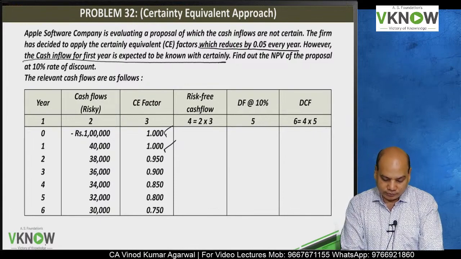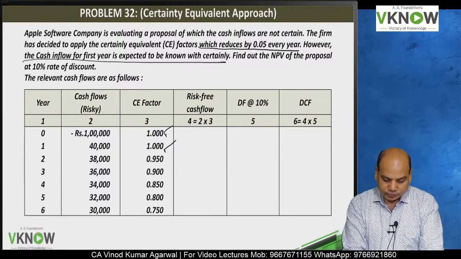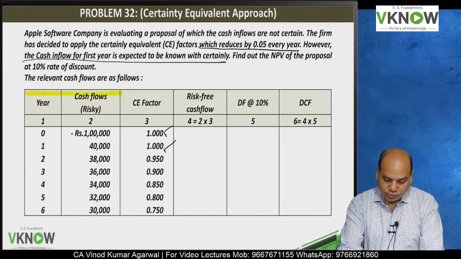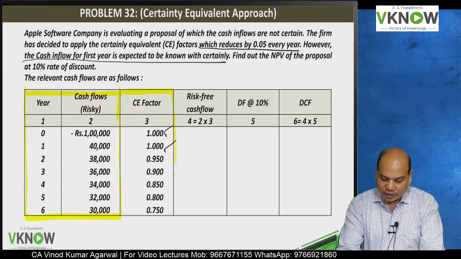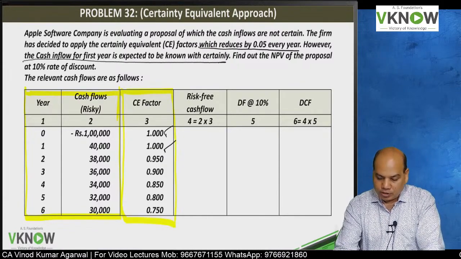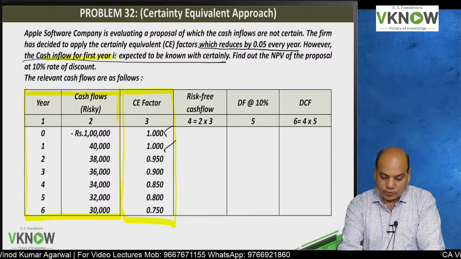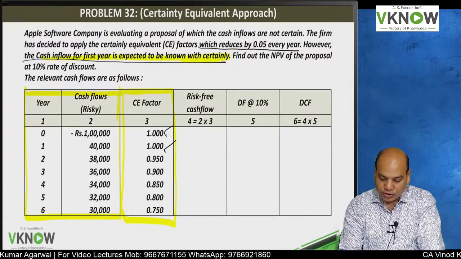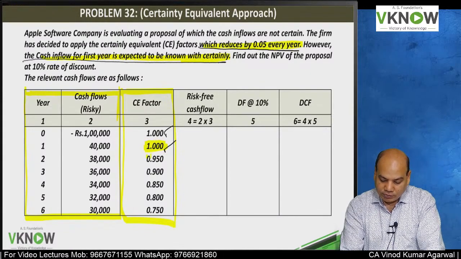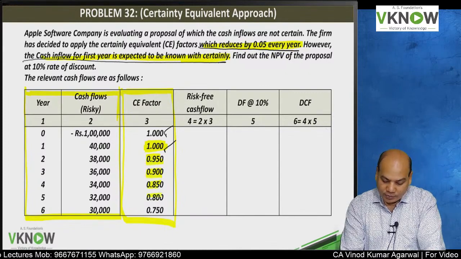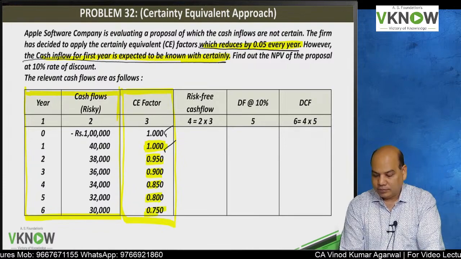The relevant cash flows are given. Now in the exam, they are only going to give you these two columns. This column I have added. Read the problem. Cash flow for first year is expected to be known with certainty. So I have written 1, which reduces by 0.05 every year: 0.95, 0.90, 0.85, 0.80, 0.75.